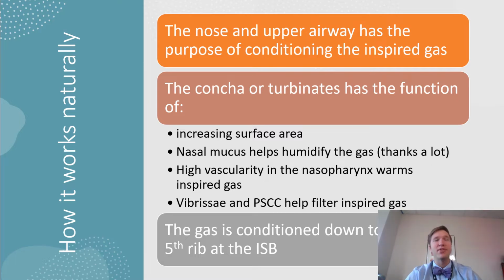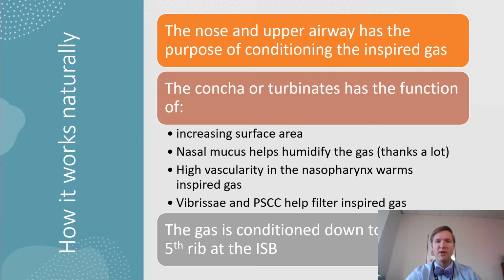Not only that, but the cilia, right, the mucus and cilia and the vibrissae, they help filter and trap pathogens. So they help protect. So when we look at our nose, it filters and protects, which is one of the major functions that it does, besides heating and humidifying the gas. So when we talk about conditioning the inspired gas, it's a very important thing. And that's something your nose naturally does.